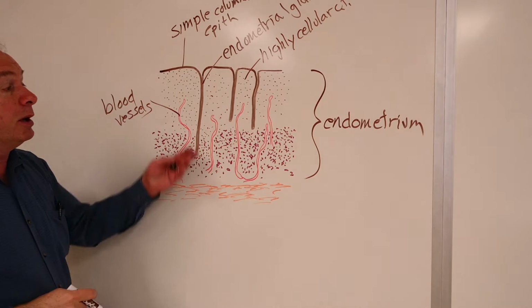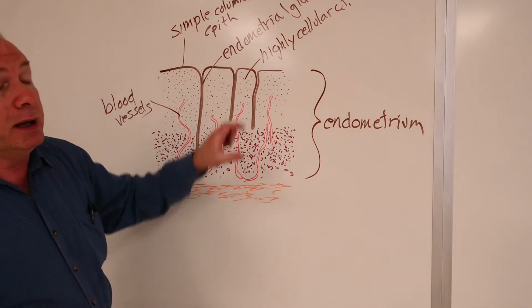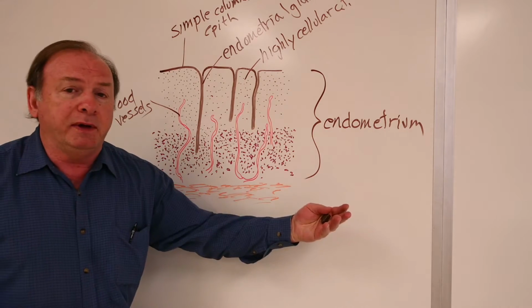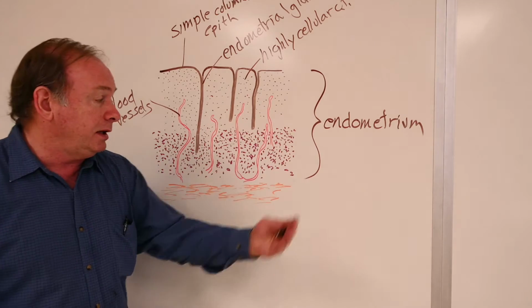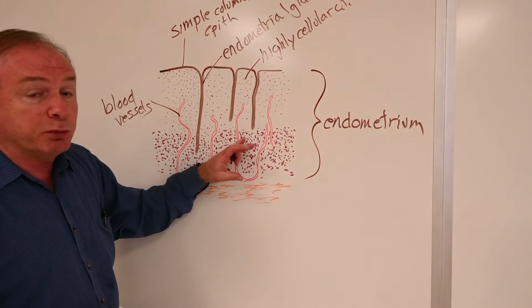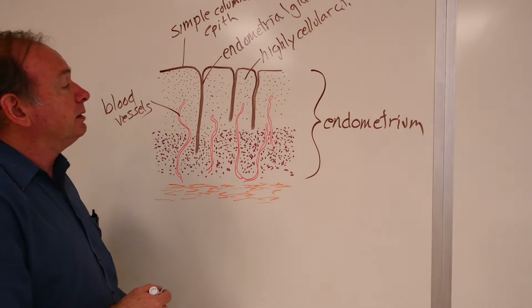Those are the primary components of your endometrium. Now, the very surface layers of the endometrium are grown and then sloughed off at menstruation again. And then they regrow and are sloughed off again. They come and go. The deeper layer of the endometrium is more stable and remains from cycle to cycle.